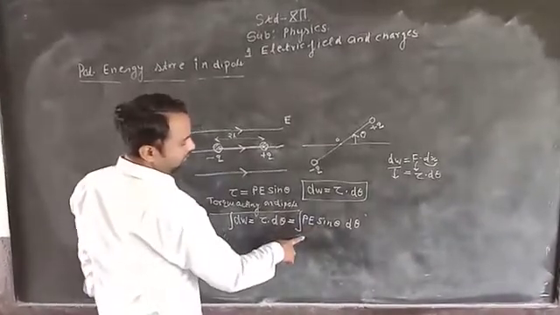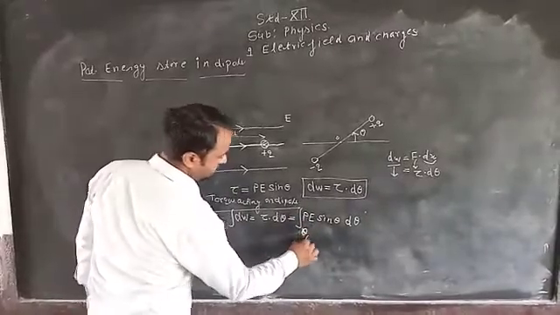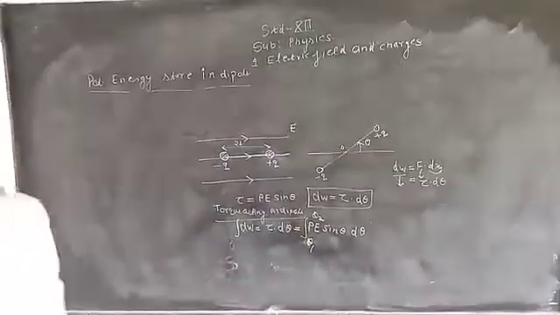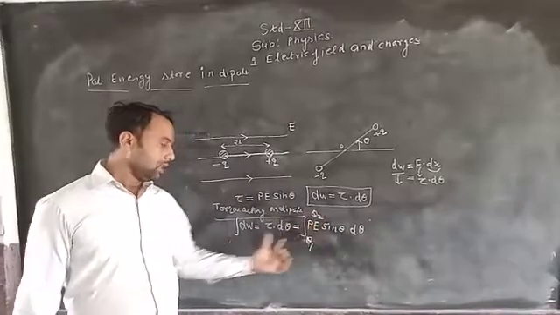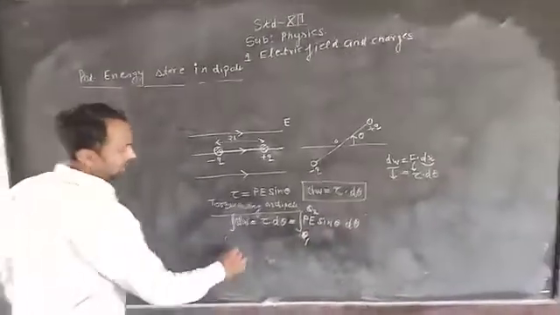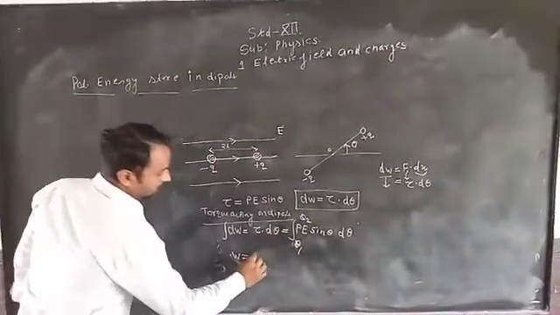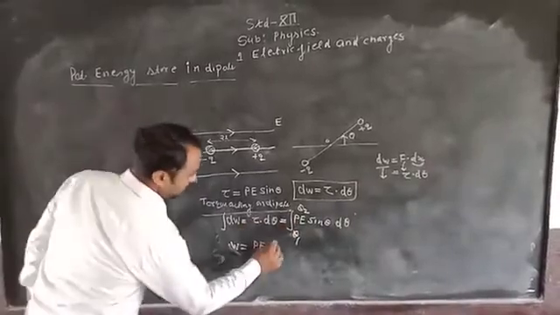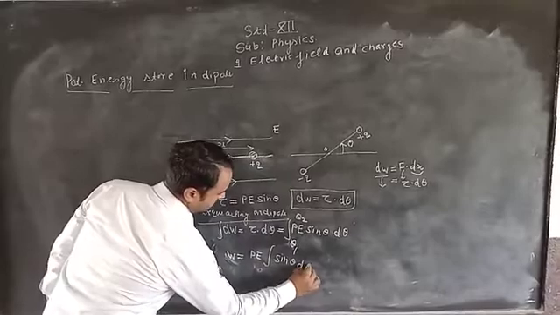We place the limits theta 1 and theta 2, because the dipole is rotated from the position of theta 1 to the position of theta 2. The net amount of work will be W is equal to P, here constant, so we take this value out of the integration, and integration sin theta d theta.